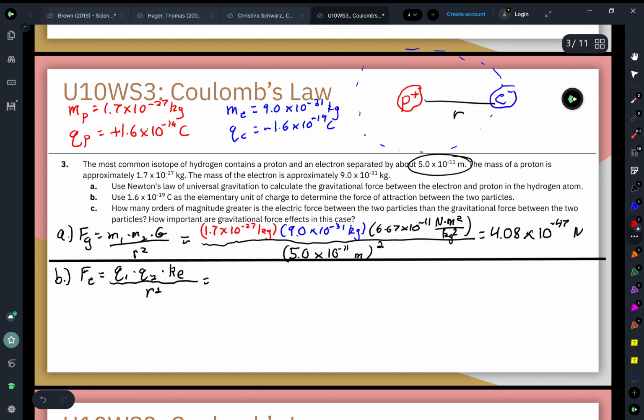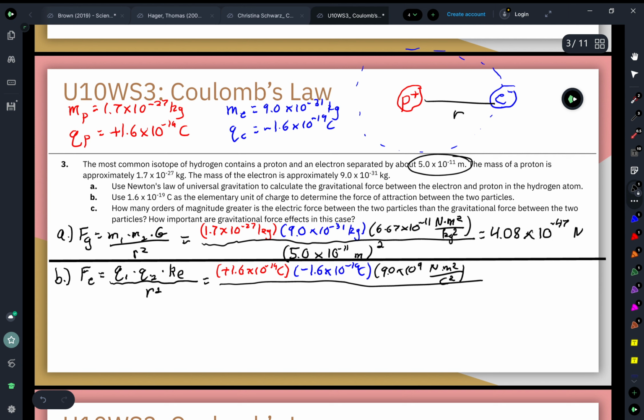So our charge of our proton is positive 1.6 times 10 to the negative 19th power coulombs. Charge of the electron is negative 1.6 times 10 to the negative 19th coulombs. And Coulomb's constant is 9.0 times 10 to the positive 9th power newtons meters squared over coulomb squared.